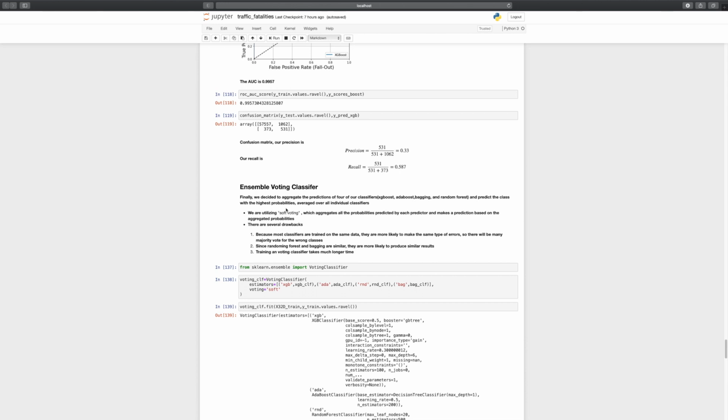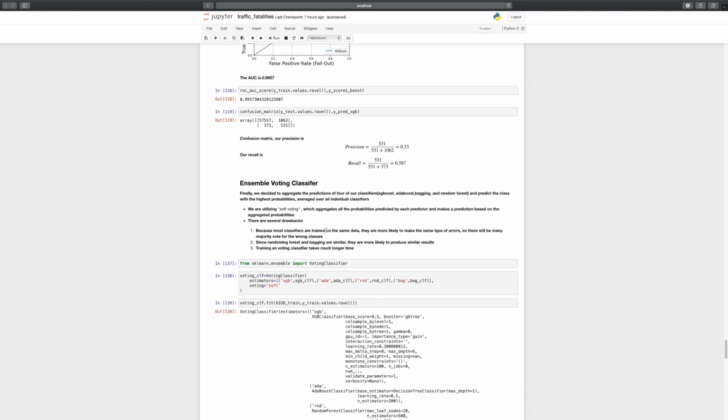What is the Ensemble voting classifier? A voting classifier aggregates the predictions of all of the classifiers we have so far: XGBoost, AdaBoost, bagging, and the random forest, and predicts the result based on the highest probabilities. The result is averaged over all of the classifiers.